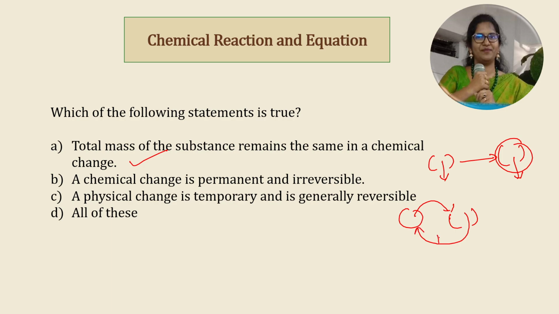So it is irreversible. This is also correct. A physical change is temporary and generally reversible. For example, we tear a paper, that is a physical change. We can attach it again in some other way, so it is reversible. So all these are correct.